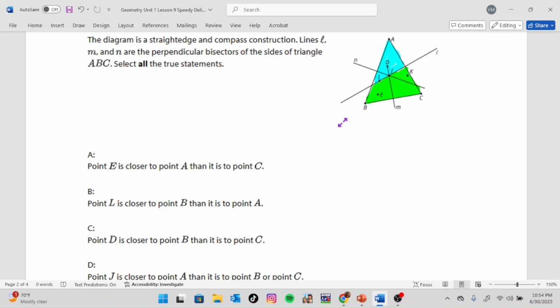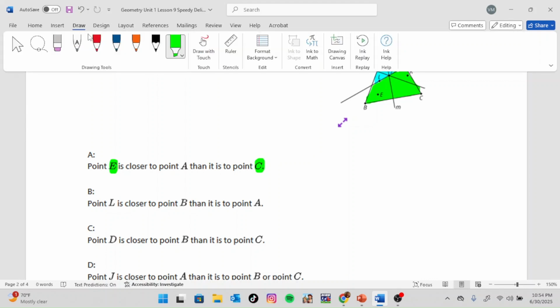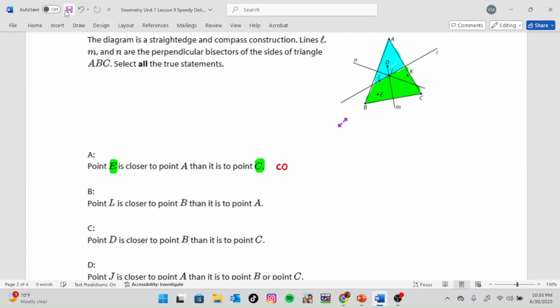So then when we look at point E, we can see that point E is shaded in green. And since it's shaded in green, that means it's closer to point C than A. That means A is incorrect.